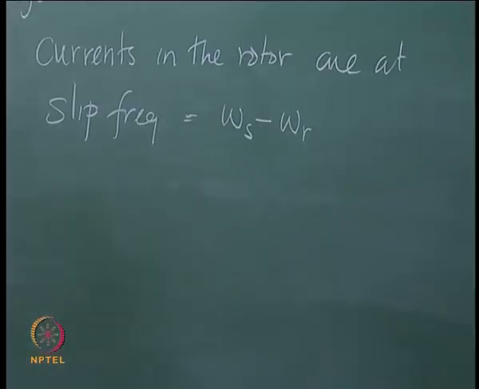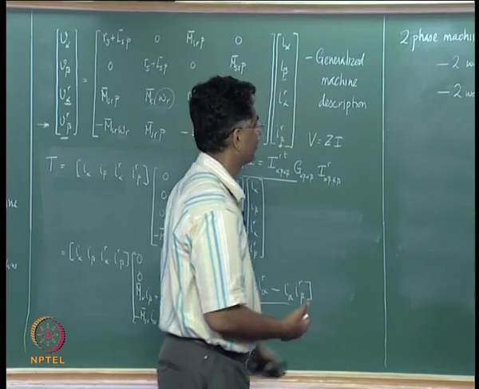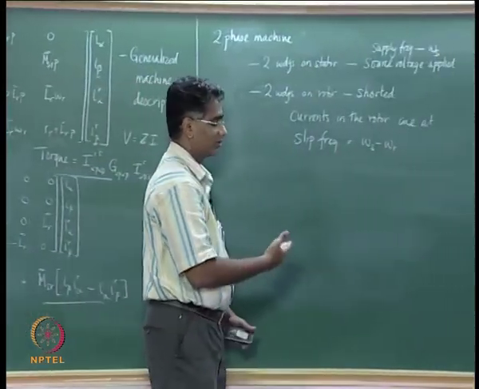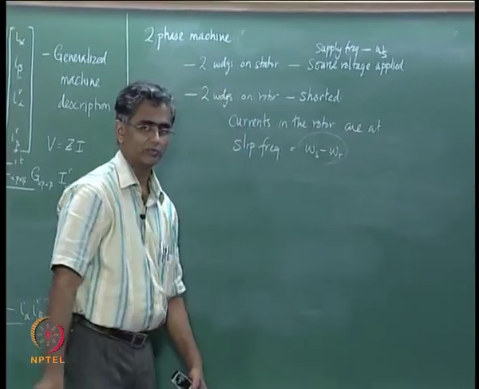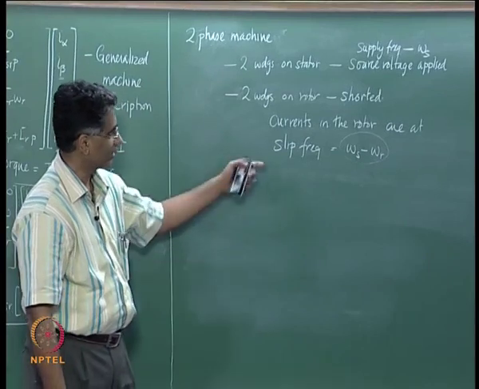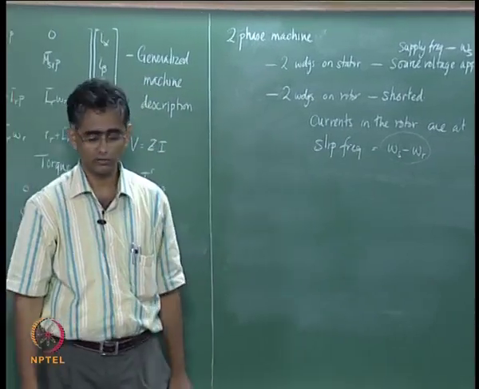So flow of currents in the rotor is likely to be at a much lower frequency. Normally the slip is small, and therefore this frequency is quite small. This is the current that is going to flow in the rotor.